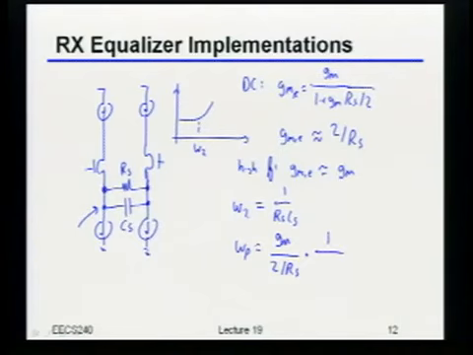So if I take the ratio of gains and multiply it by the zero frequency, that should give me the pole frequency, right? Because the ratio of the pole to the zero has to be the same as the ratio of the gains. It's a first order system. That's the only thing that can happen. Well, okay, if you work that out, of course, what you get is GM over 2 CS.